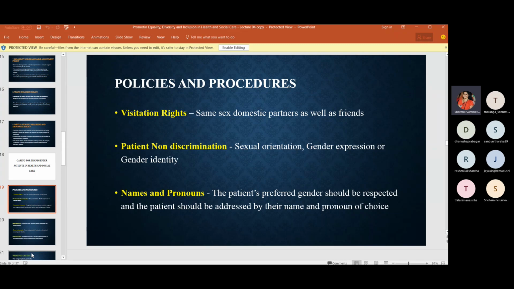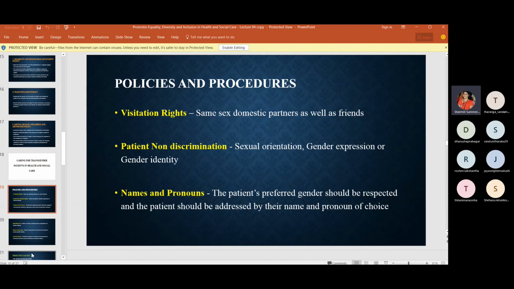Names and pronouns. Transgender means, as you all know, that a male can change into a female or a female can change into a male. If a male has changed into a female, you can't call her Mr. So you need to ask that particular patient what their preferred name is, or their choice of pronoun, like Mr., Miss, or Mrs. Those are the pronouns.